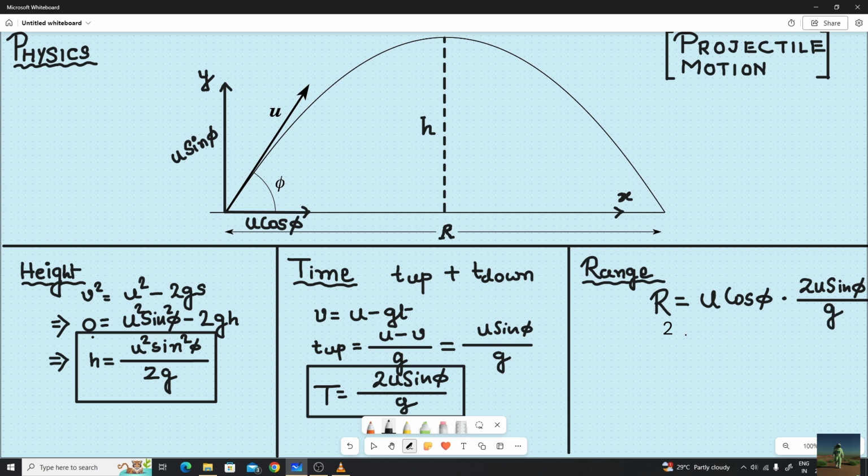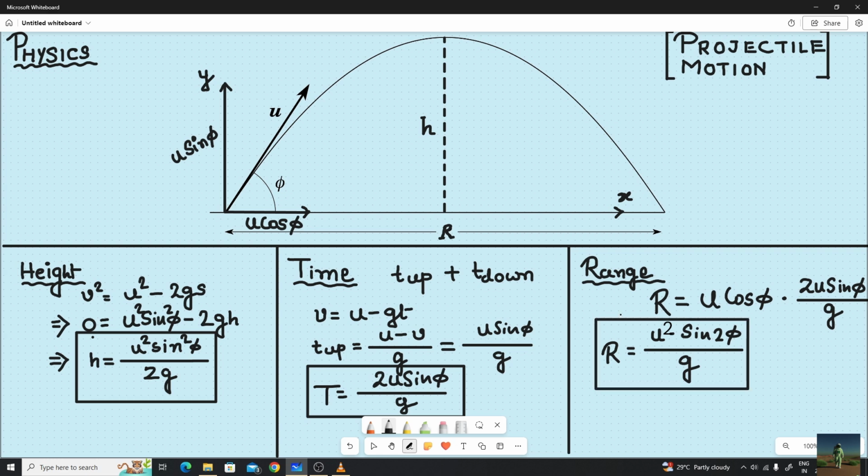That will be the range. So R will be u square sin 2 phi divided by g. This will be the range of this flight.